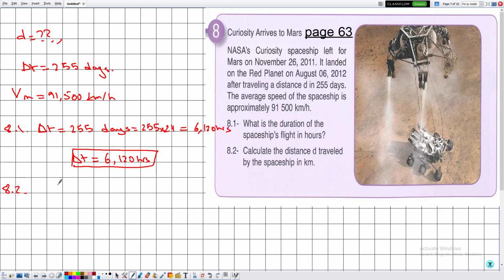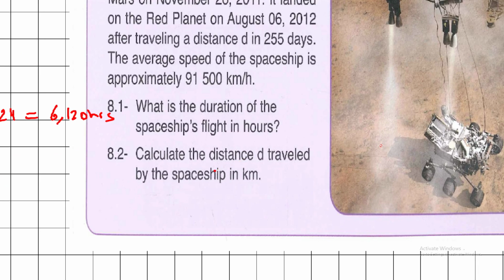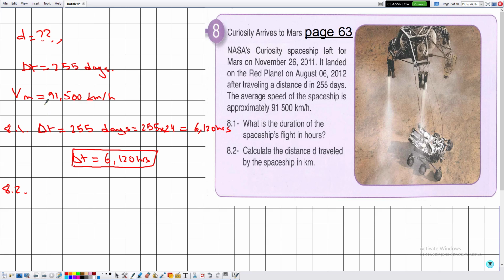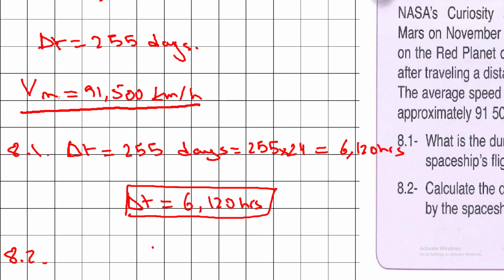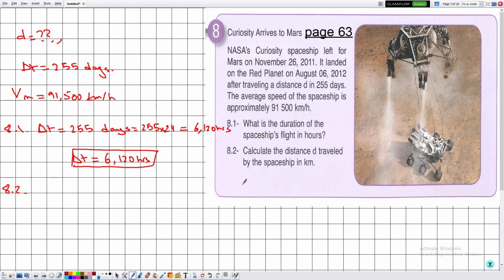Now in 8.2 we are asked to calculate the distance d traveled by the spaceship in kilometers. Knowing Vm and delta t, we can calculate d using the formula Vm is equal to d divided by delta t. Constructing the triangle, because we have divide, Vm will be at the top, d at the bottom, delta t here.